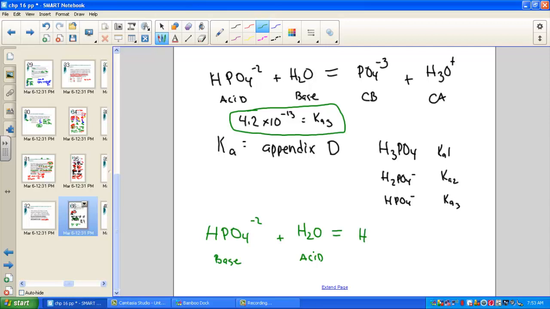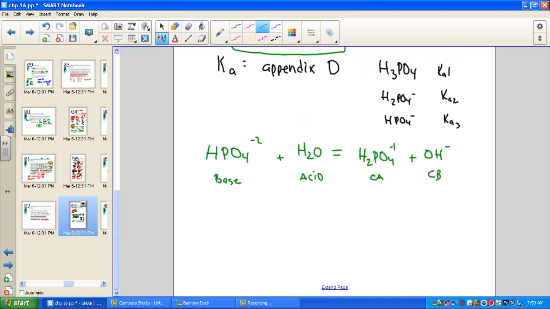So now we have H2PO4 minus 1 and hydroxide. Here we have a base forming its conjugate acid and the acid forming its conjugate base. This indeed has a Kb expression because it's base chemistry. OH negative is forming a Kb expression.